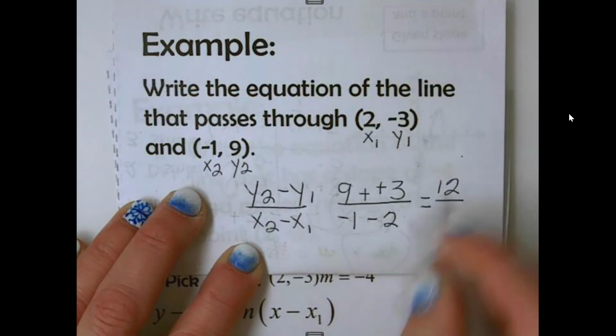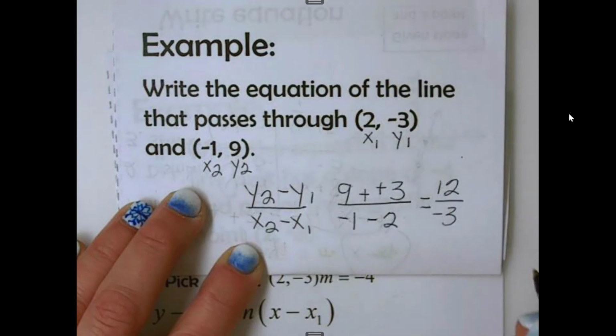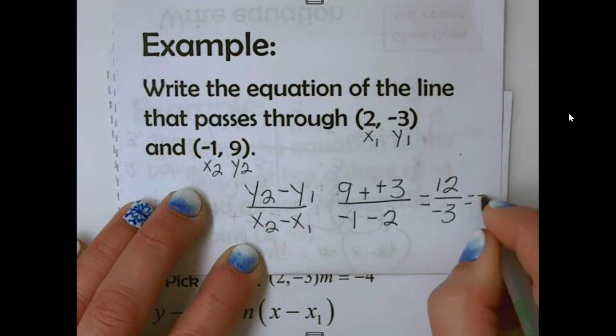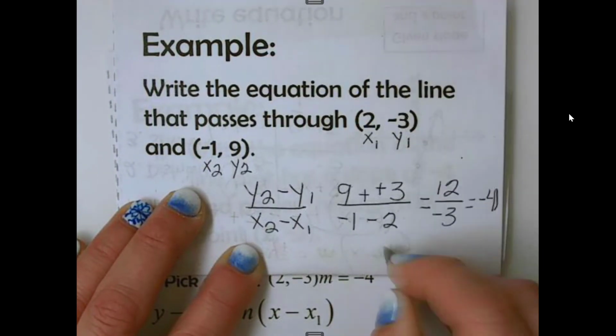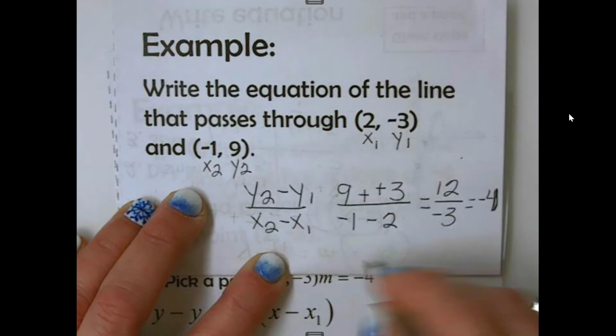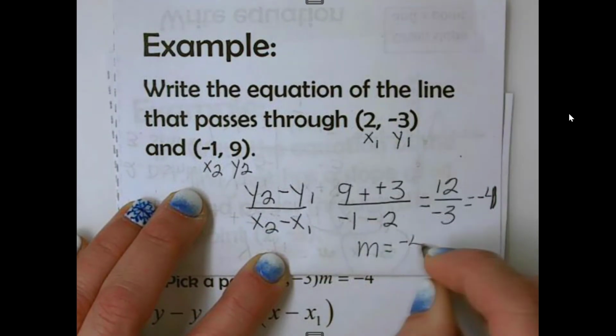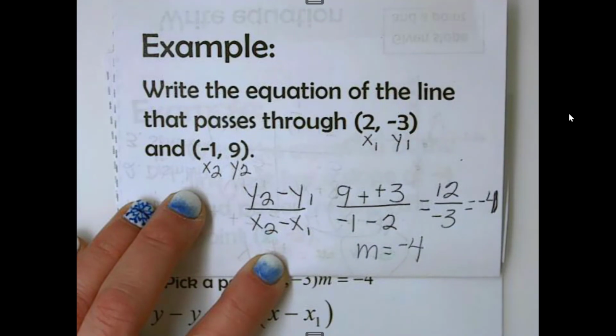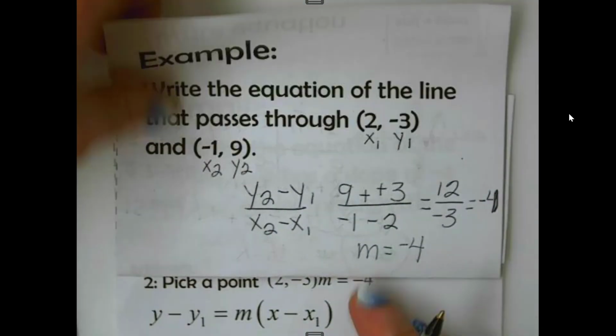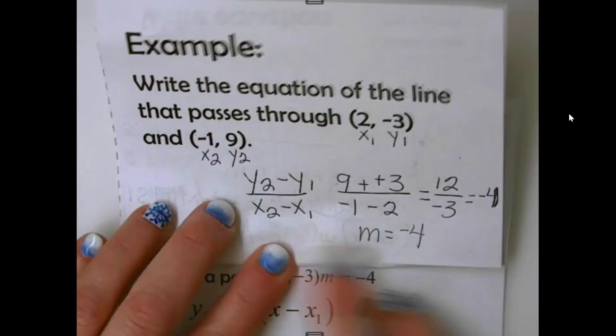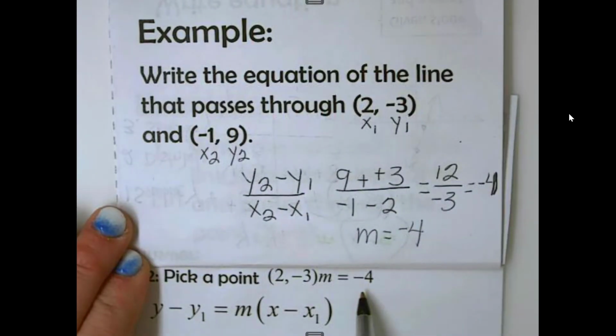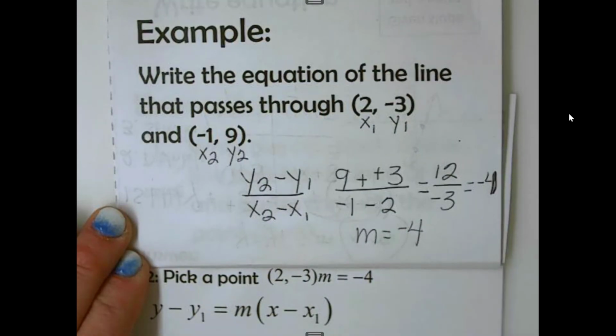Negative 1 minus 2 is negative 3. So that's going to give us a slope of negative 4. And you can see down below, that's what we should have ended up getting. So we did. m equals negative 4.